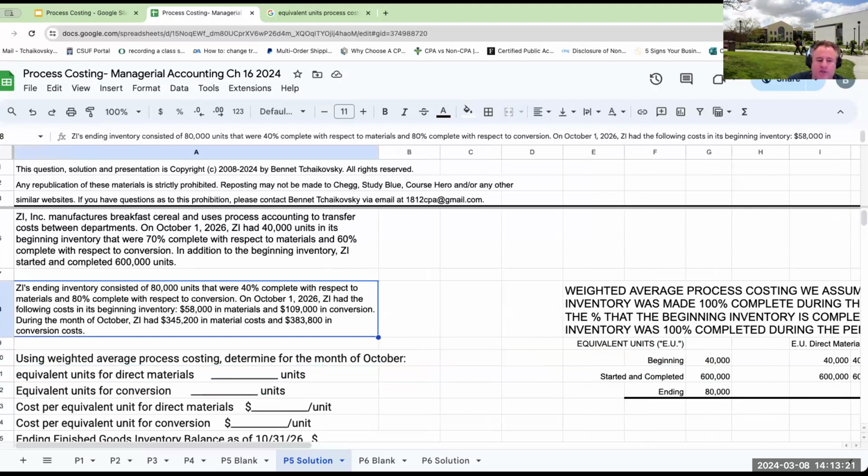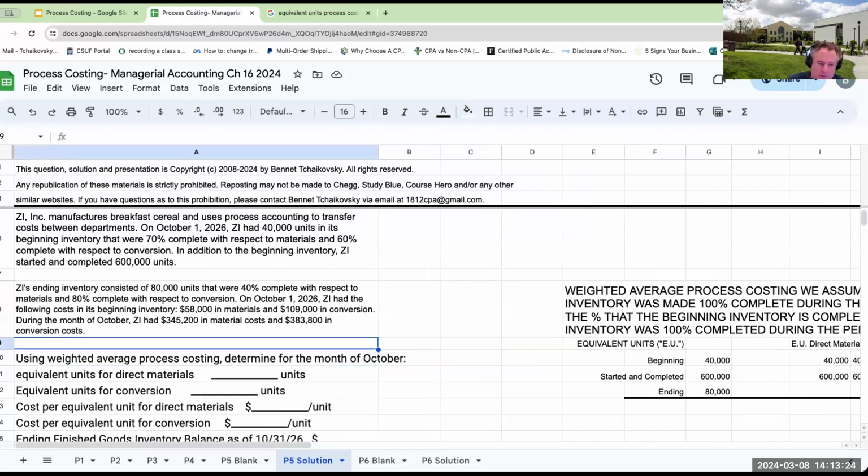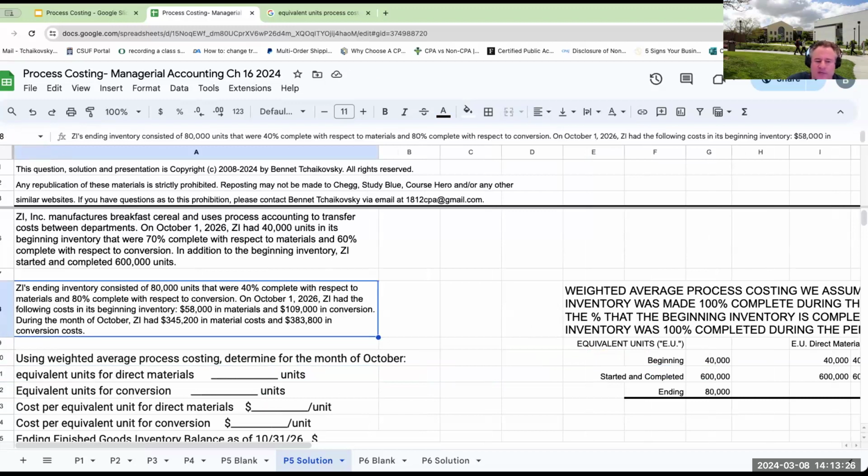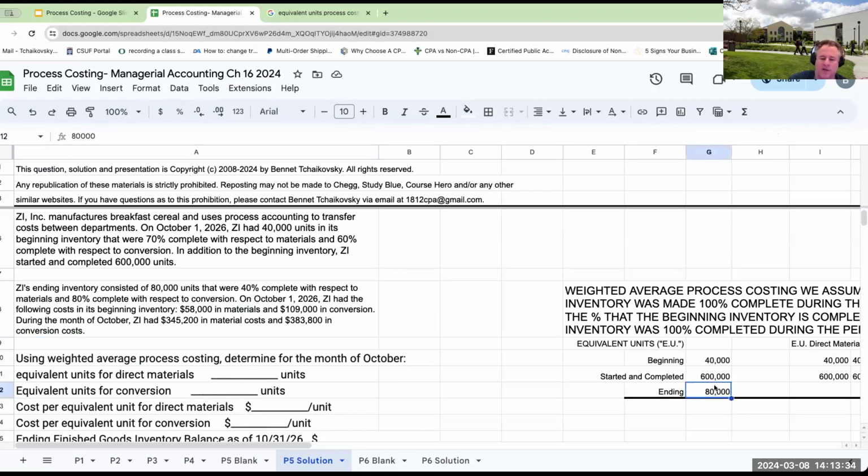The percentages do matter. It tells us here that ZI's ending inventory of 80,000 units was 40% complete with respect to materials. Now, because of the ending, is this 80,000 comparable to the 600,000? And the answer is no.